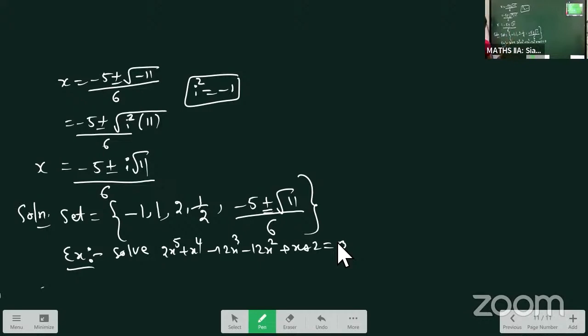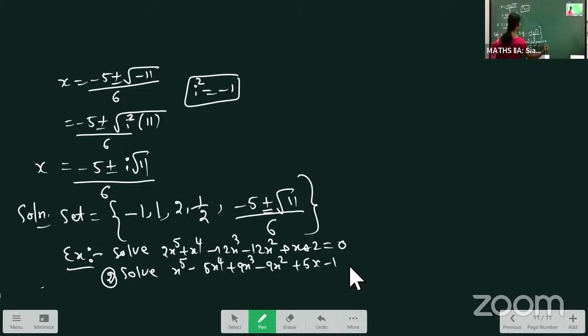One more is there, which you can also try. The second one: solve x to the power 5 minus 5x to the power 4 plus 9x cube minus 9x square plus 5x minus 1 is equal to 0.